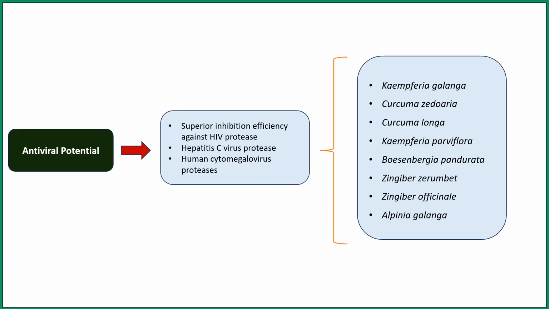Here is a list of plants from the family Gingiberaceae: Kaempferia galanga, Curcuma zedoaria, Curcuma longa, Kaempferia parviflora, Boesenbergia pandurata, Zingiber zerumbet, Zingiber officinale, Alpinia galanga.